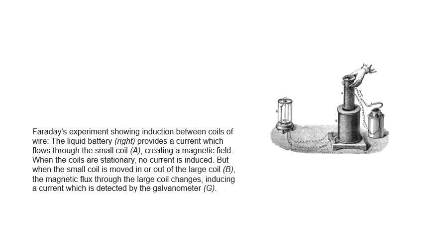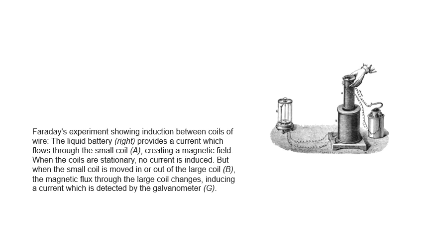Here a Faraday experiment is shown, showing induction between coils of wire. The liquid battery on the right provides a current which flows through the small coil, creating a magnetic field.